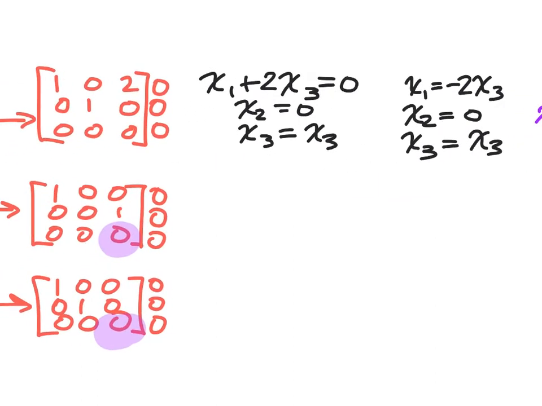All right, so x1 is equal to 0, x2 is equal to x2, x3 is equal to 0. All right, so that gives us 0, 1, and 0, yeah.